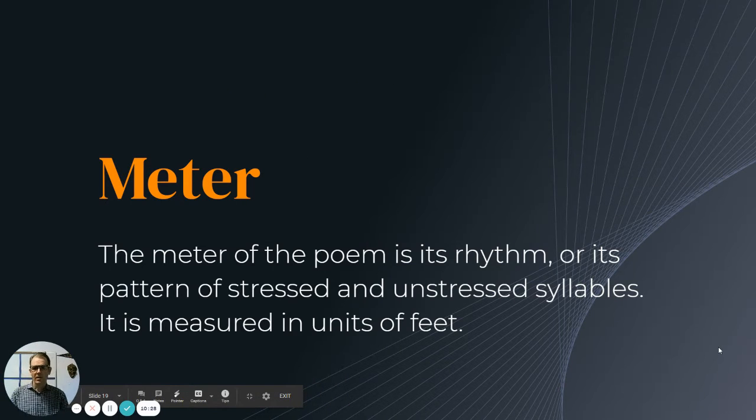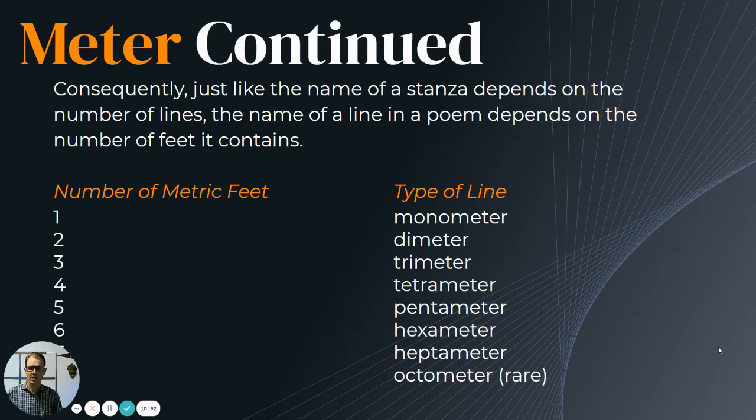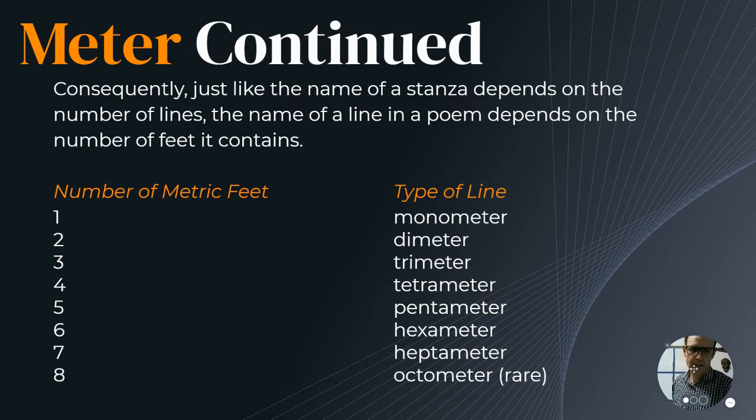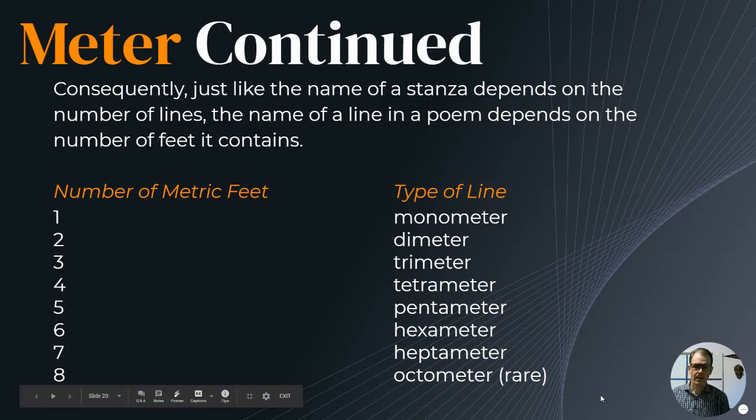Okay, so the meter of the poem is its rhythm or its pattern of stressed and unstressed syllables, and it's measured in units of feet. Okay, we call them feet, a group of syllables that are stressed and or unstressed. So that group is what's called a foot. Okay, and so I'm going to move this little thing over here so that we can see that clearly. All right, here we go.